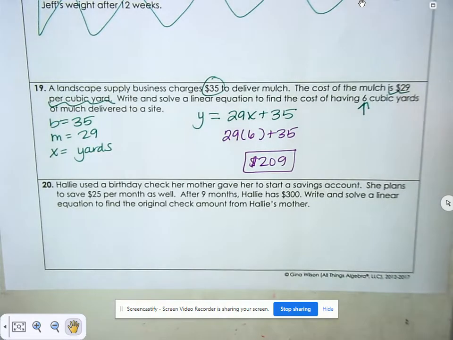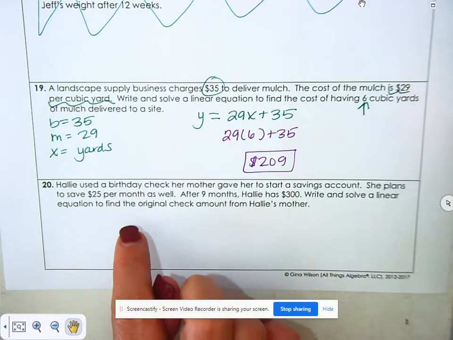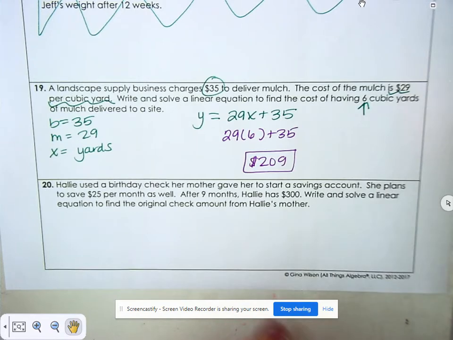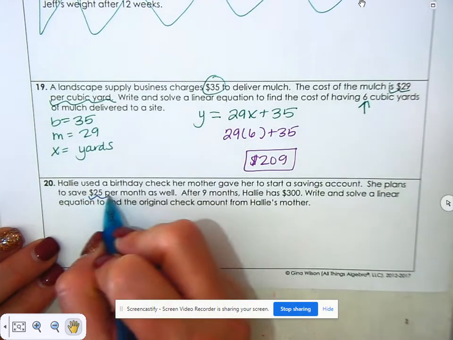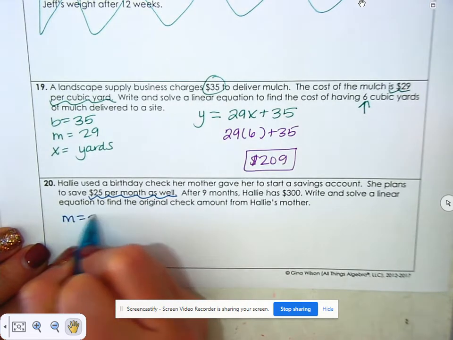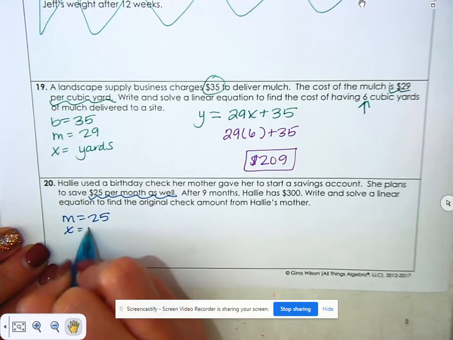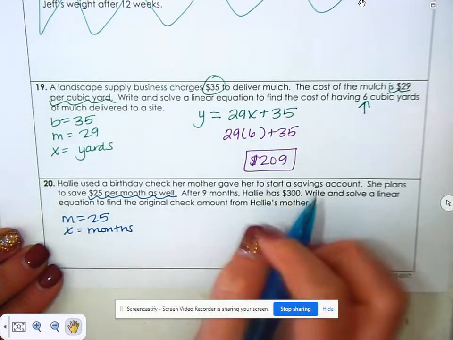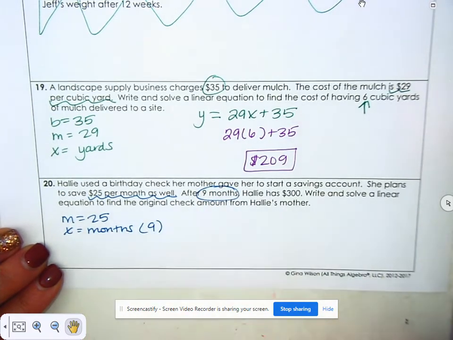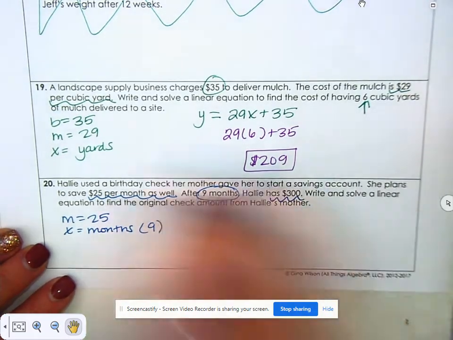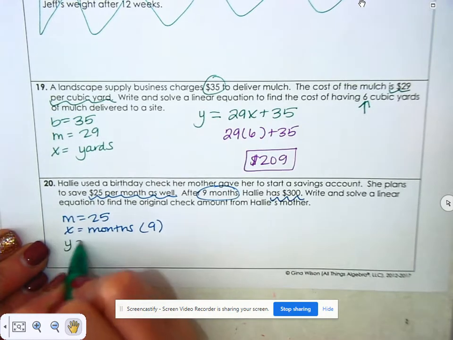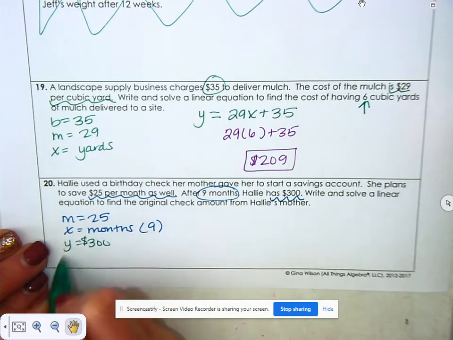All right, and the last one, number 20. Hallie used a birthday check her mother gave her to start a savings account. She plans to save $25 per month as well. So our M is 25, our X is months. After 9 months, so that means we're going to put 9 in for X, she has $300. So her Y is the $300.